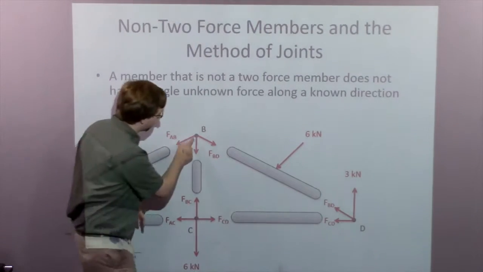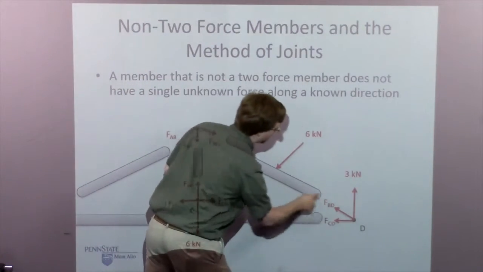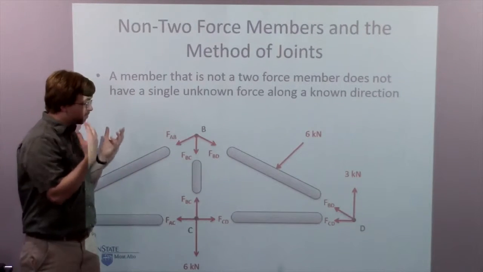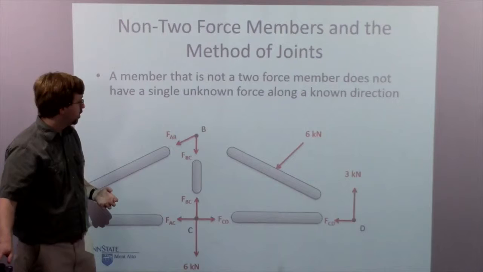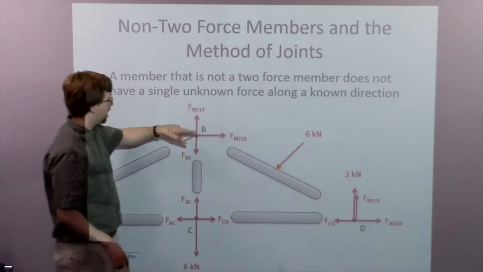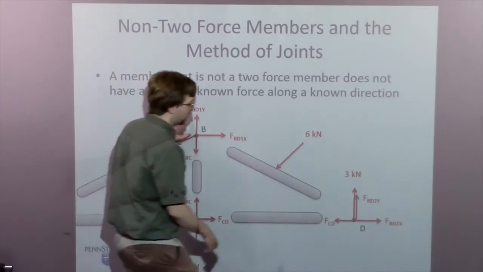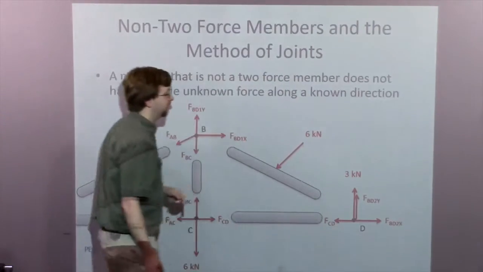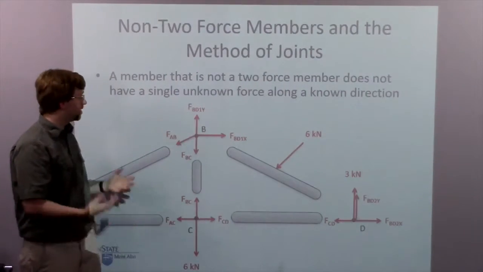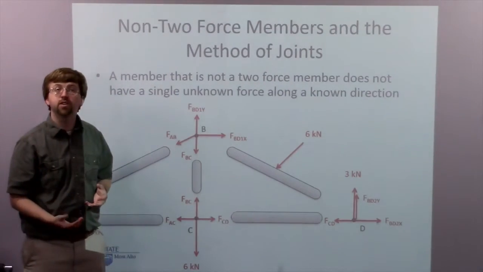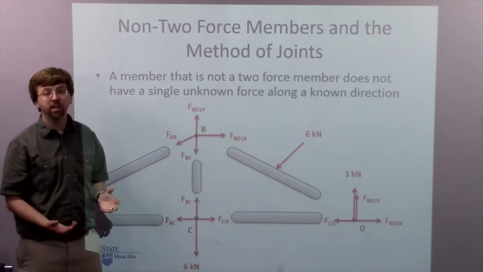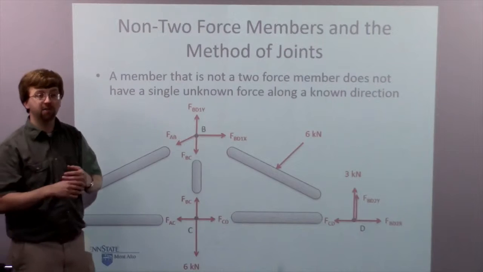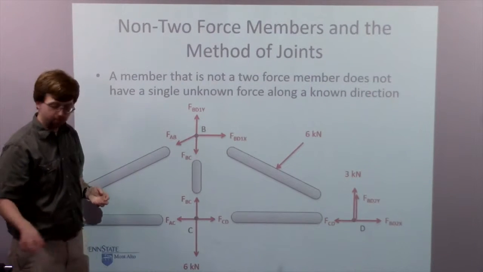That means this single tension force, FBD, doesn't stand anymore. I need to replace that with an X and a Y force over here, and an X and a Y force over here. Now I've got a lot more unknowns than I had before, and the method of joints is not going to work anymore. I'm going to have too many unknowns to deal with.